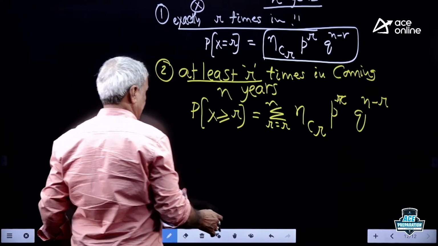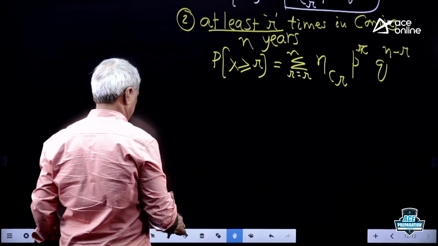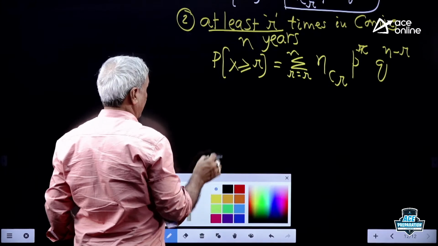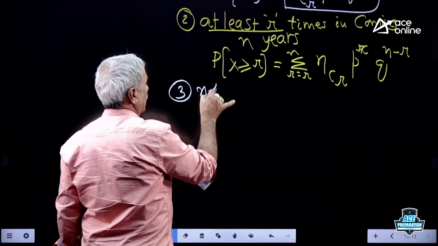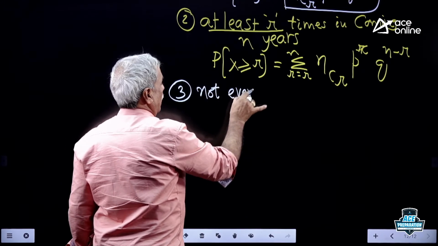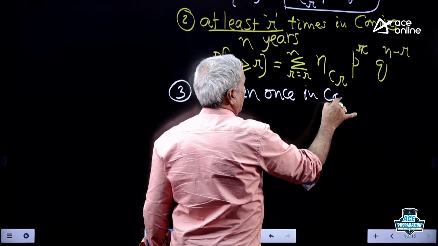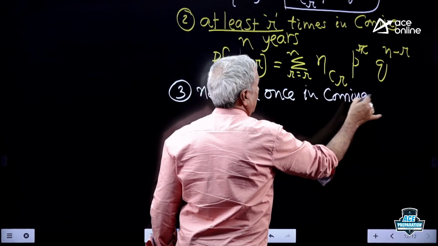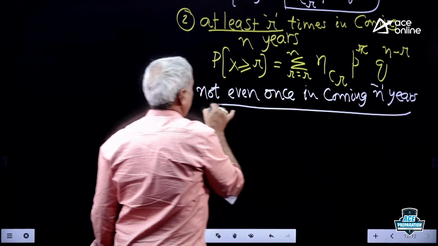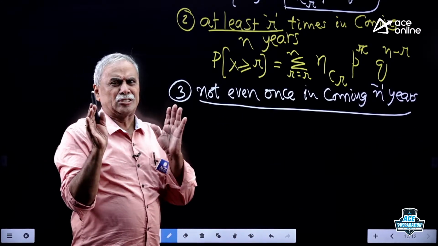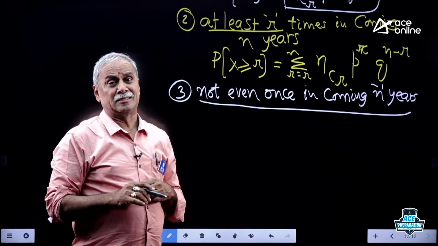Dear friends, if you see case number 3, not even once. What are the chances of not getting the rainfall even once in the coming n years?